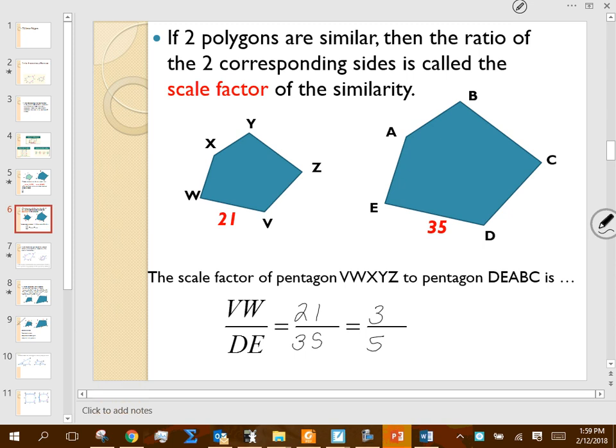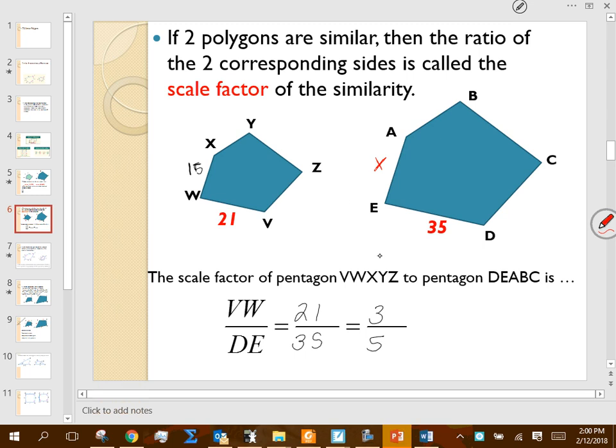All right, so there are 2 approaches here to find some missing values. Just to make things easier, let's say we make XW 15. I'm just pulling that number out of thin air, don't worry about how I got it. Do we have the ability now to find what X is? If these 2 shapes are similar, which is what we're saying down here, if we have a scale factor, then there is similarity.